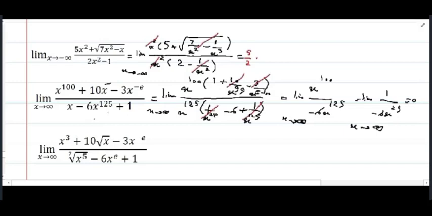According to the number 10 strategy, the denominator has the higher degree, so I get 0.